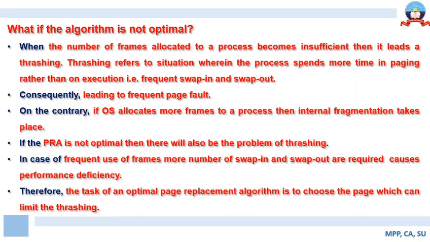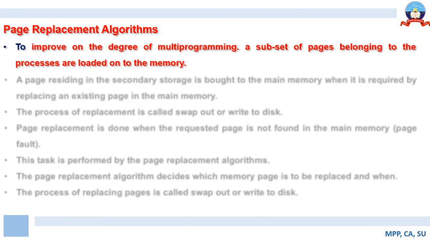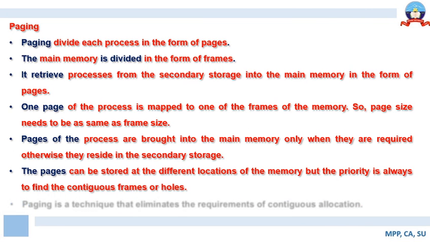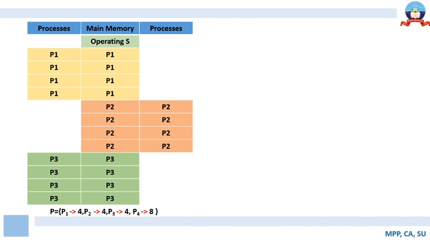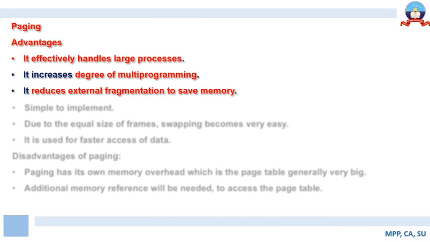So these are some of the important aspects that need to be focused on whenever paging is performed. In today's class, we have learned what paging is, the various characteristics of paging, how paging works with the help of an example, and some of the advantages and disadvantages of paging.